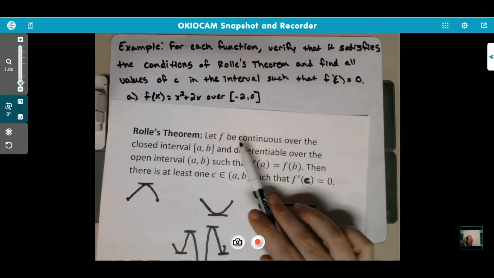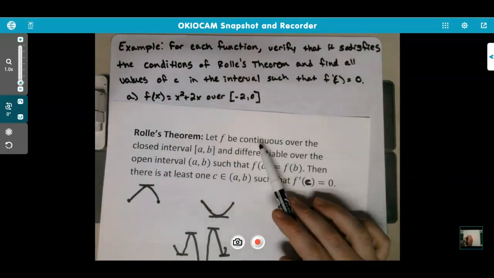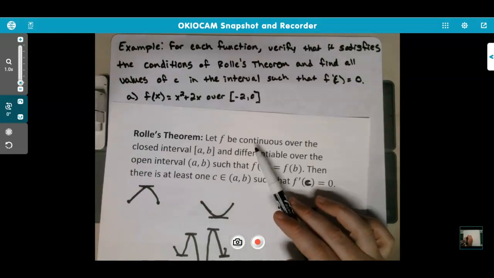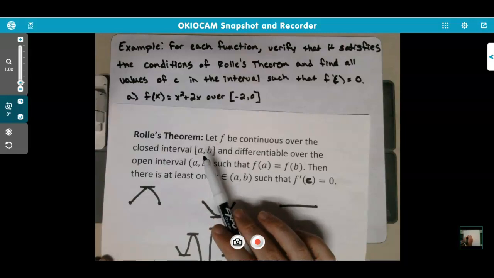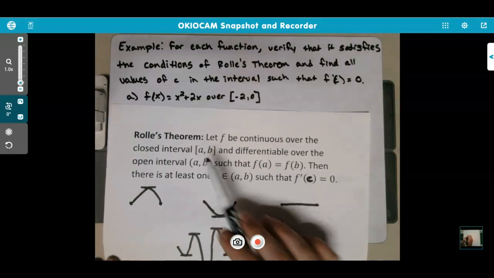It says f has to be continuous from a to b, including those. So if I look at my first one, part a, I can see this is continuous because there are no restrictions on what the domain can be. So this is obviously continuous, again, because there are no restrictions over the interval -2 to 0.